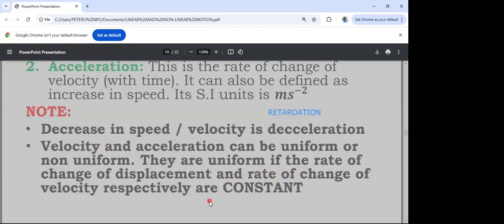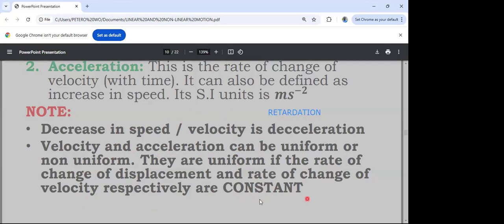They are uniform if, when we are talking about velocity, the rate of change of displacement is constant, or if we are talking about acceleration, the rate of change of velocity is constant.